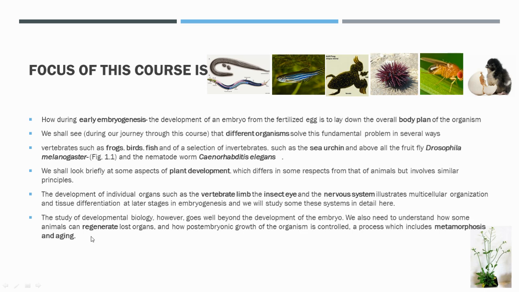Aging is the most central problem that we are trying to solve through this knowledge. Yeah, so that is what we are trying to solve. If we understand the biology in greater detail, we will come up with some kind of solution to even the problem of aging. So that we are going to understand.